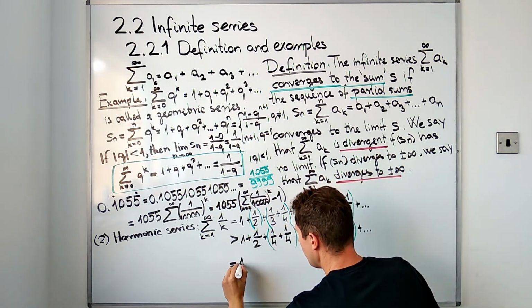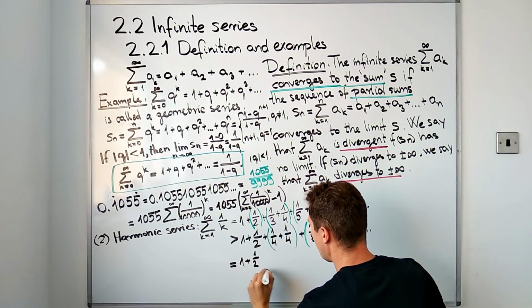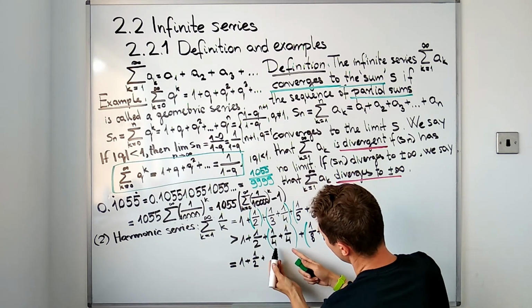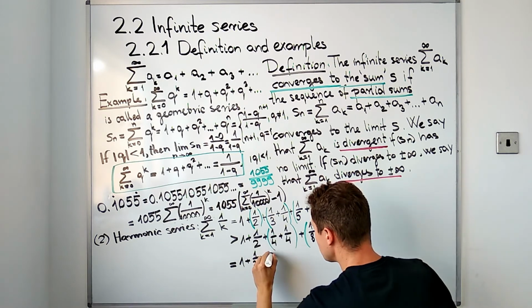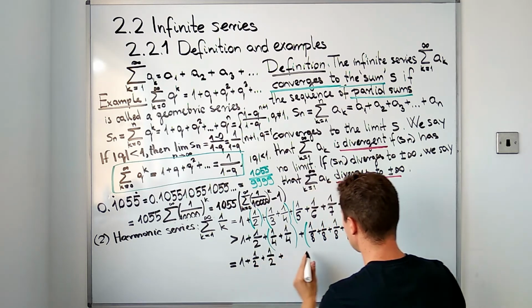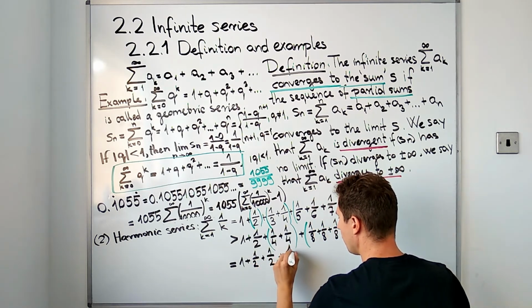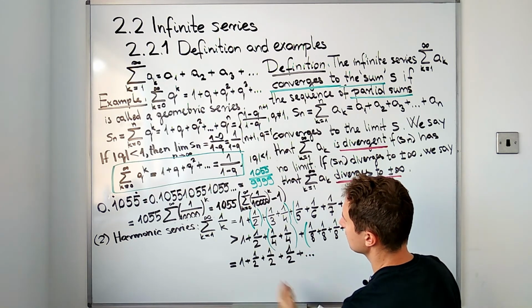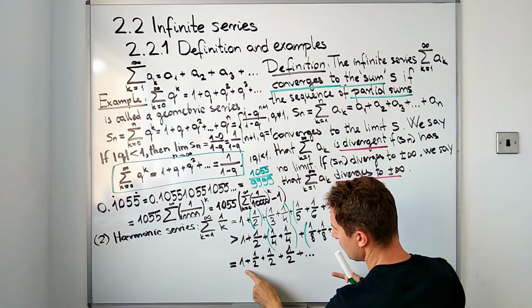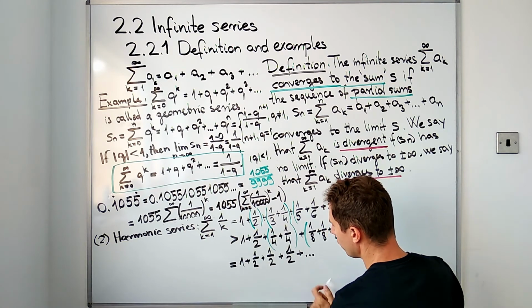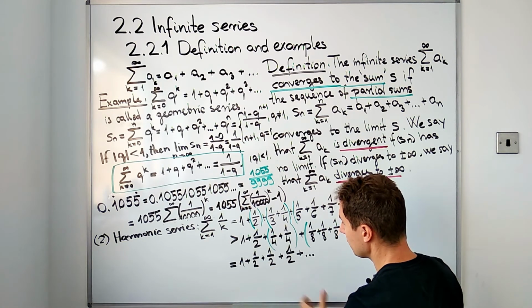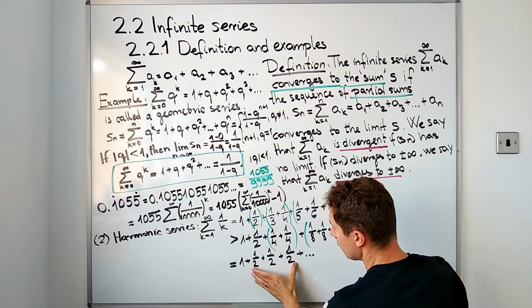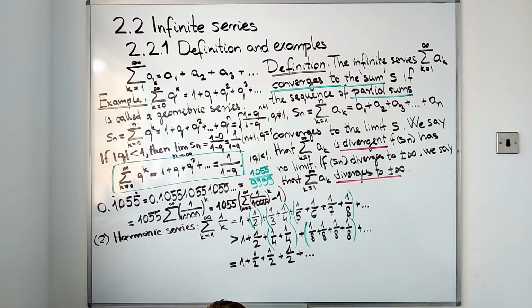What I can say now is I have 1 plus 1/2 plus 2/4, which is 1/2 again, plus 4/8, which is 1/2 again. So what you see here is I turn my sum into a smaller sum, which is to add infinitely many halves. But this, of course, will diverge to plus infinity.